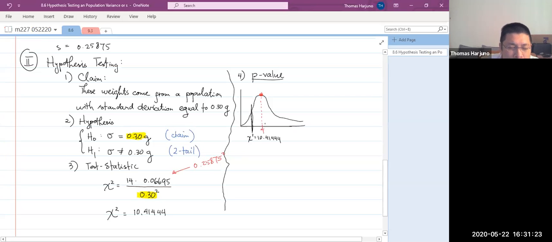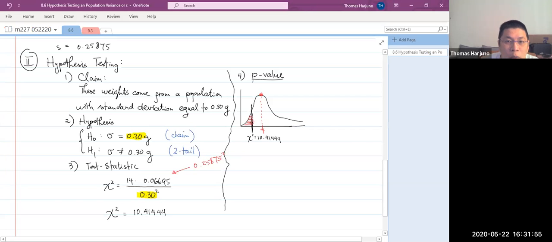Actually, I'm not really sure if it is at the degree of freedom or at the sample size, but it's on either one of them. That's how I know that the degree of freedom is 14 in this case. That's how I know that this chi-square is on the left-hand side of that peak, of that maximum value. So the one-tailed p-value will be this part here.